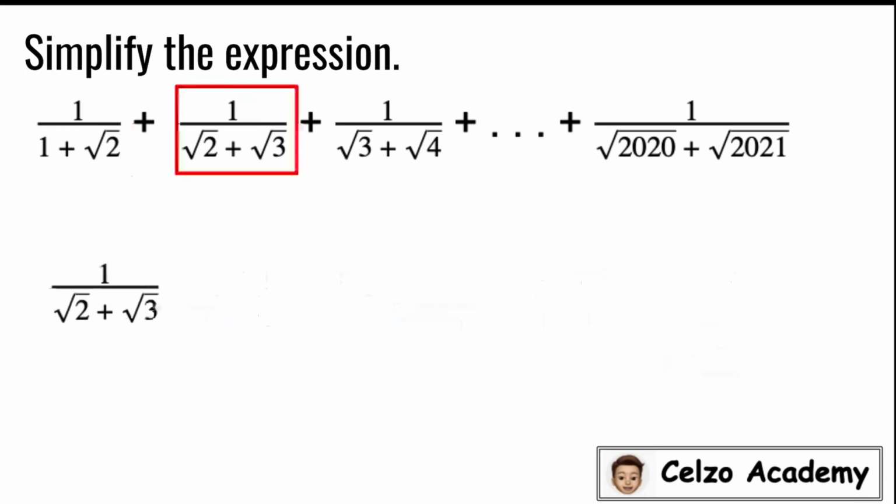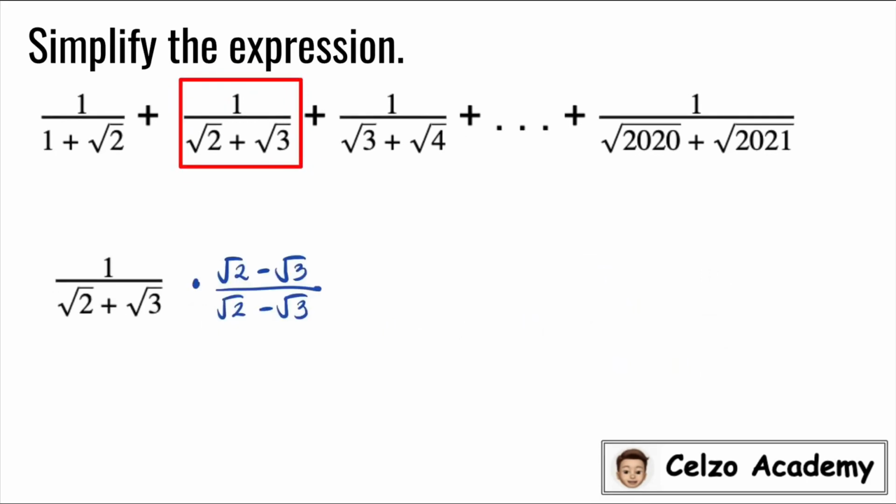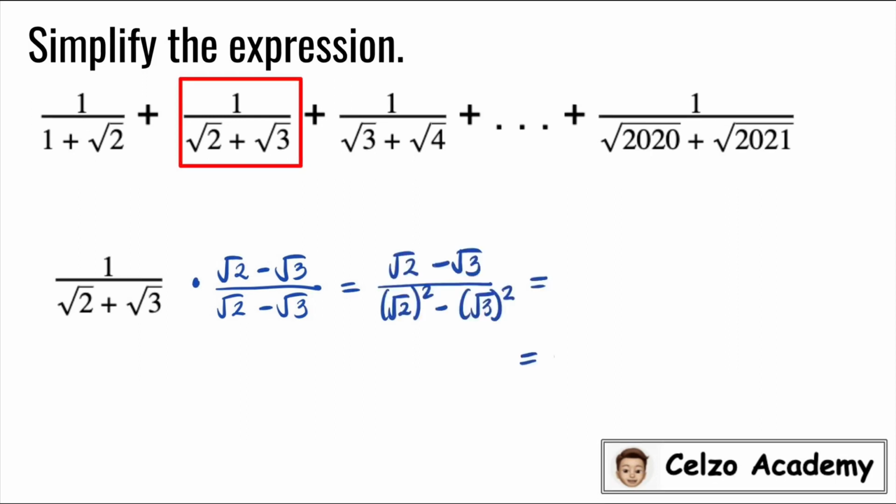Now let's simplify the second fraction, 1 over root 2 plus root 3. Just like with the first fraction, we need to multiply this by the conjugate of root 2 plus root 3, which is root 2 minus root 3, on both numerator and denominator. We will get square root of 2 minus square root of 3 because we need to distribute 1 to the quantity square root of 2 minus square root of 3.